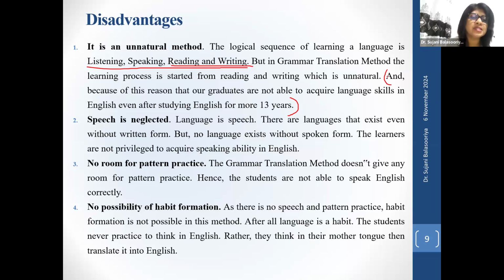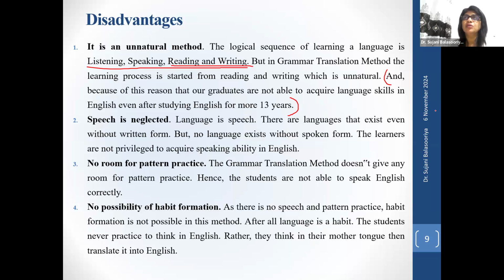That's it. And there is no possibility for habit formation also. Because as there is no speech or pattern practice, habit formation is not possible. Habit formation means you use language over and over again, getting to know some patterns, practicing patterns that lead to the formation of habits. We say language habits. To form language habits, you should get so many chances to use language orally.